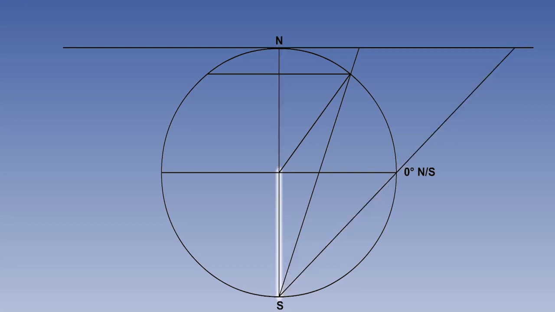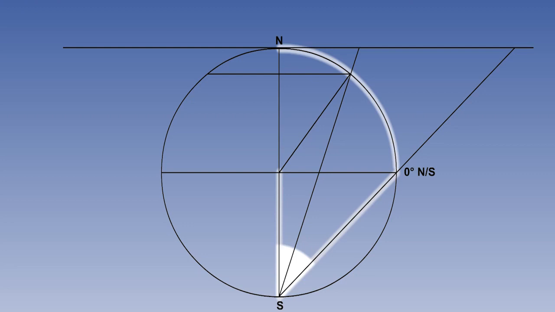From the pole to the centre of the Earth is 1 Earth radius. And from the centre of the Earth to the equator is also 1 Earth radius. So we have an isosceles triangle, with the angle that the light path makes with the Earth's axis having a value of 45 degrees.